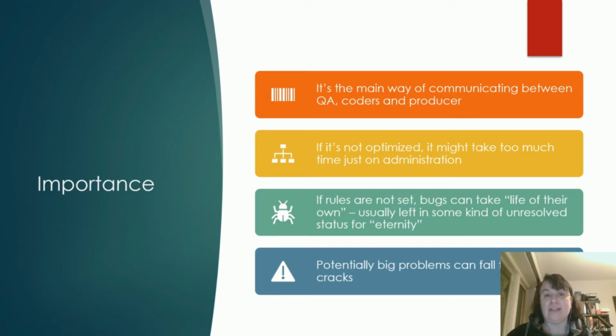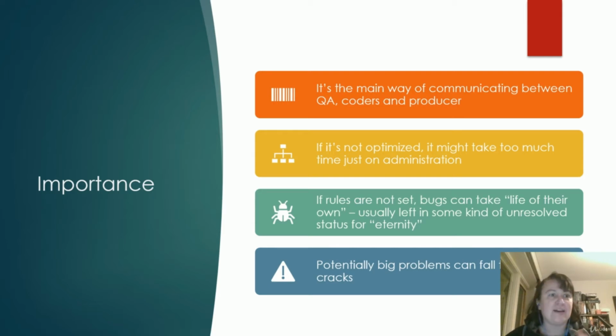And last but not least, potentially really big problems can fall through the cracks. That means somebody will report a bug, somebody tested it and found this really bad issue, which is practically a no-go for the software that you're testing. But because the right person hasn't seen it, the game came out with that bug included.